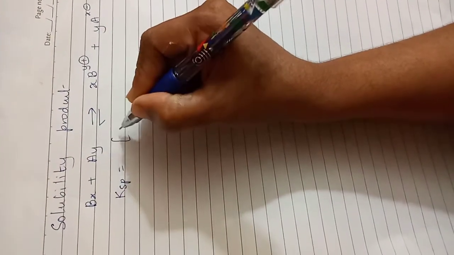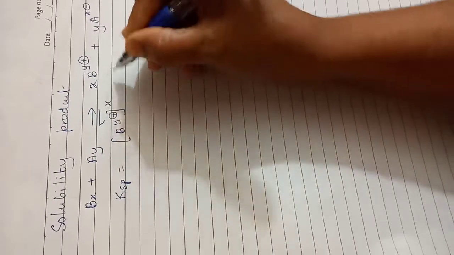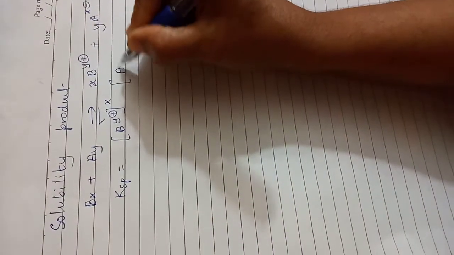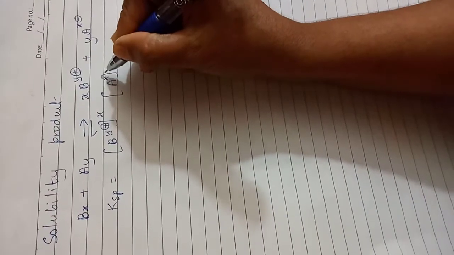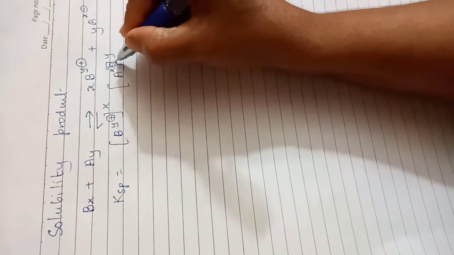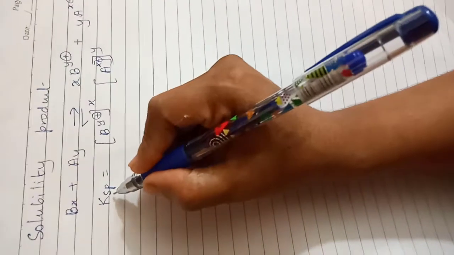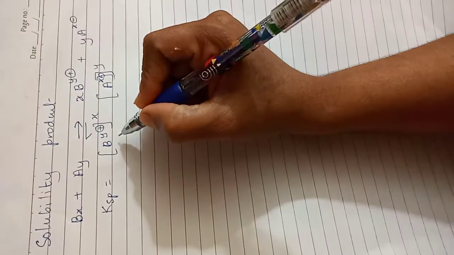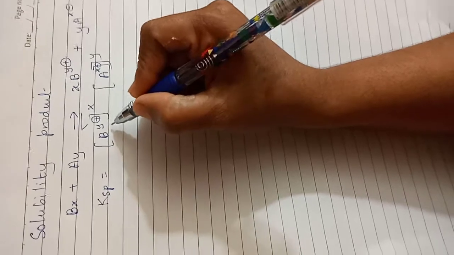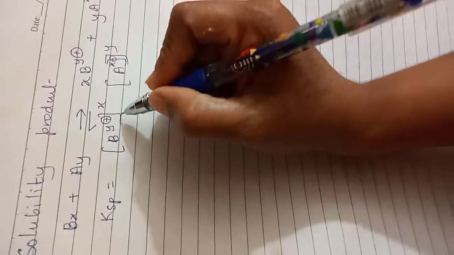So the solubility product is the concentration of By+ raised to x, times the concentration of Ax- raised to y. What is solubility product then?